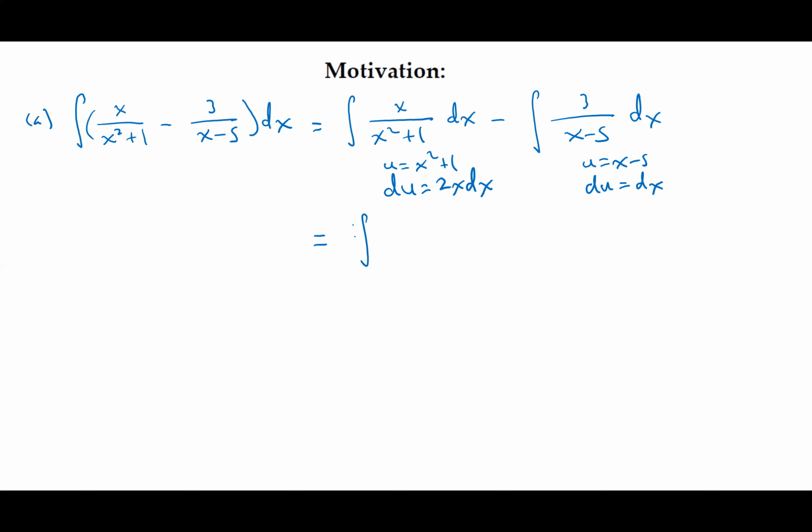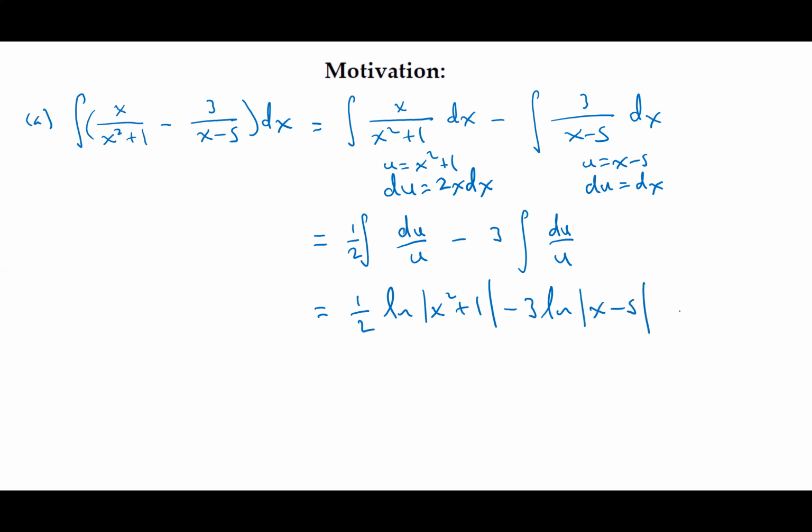We'll have a 1/2 integral of du over u minus 3 times the integral of du over u. And we know what this is: ln absolute value x squared plus 1, because that's what u is. I know that's a little redundant. That's okay. And minus 3 ln absolute value x minus 5 plus a constant. Okay, pretty straightforward.